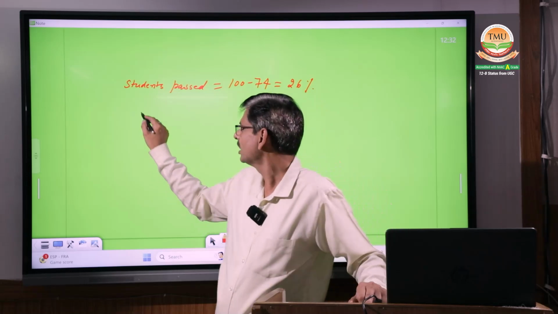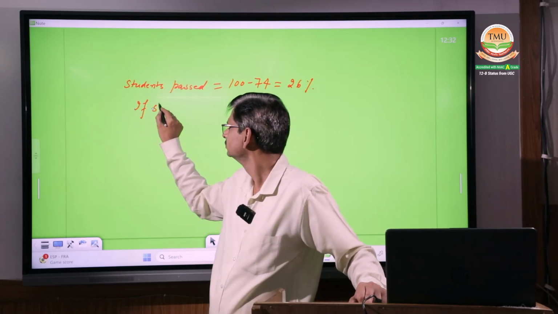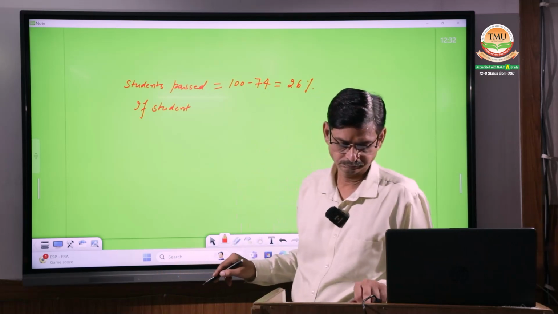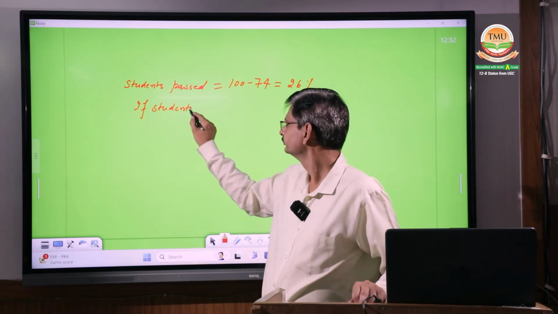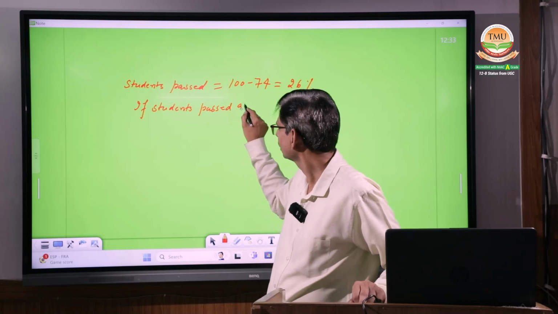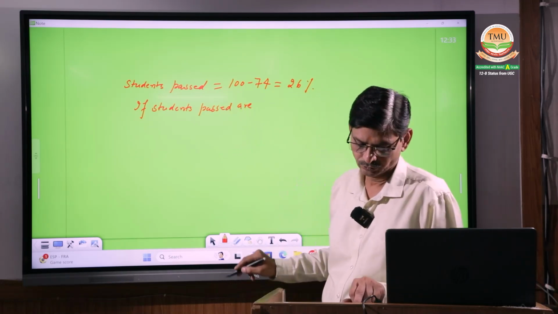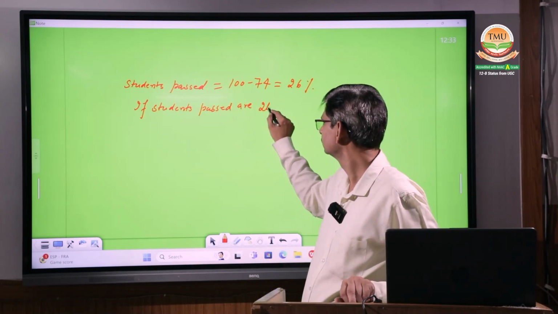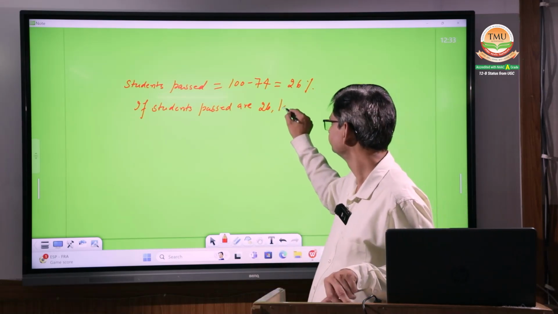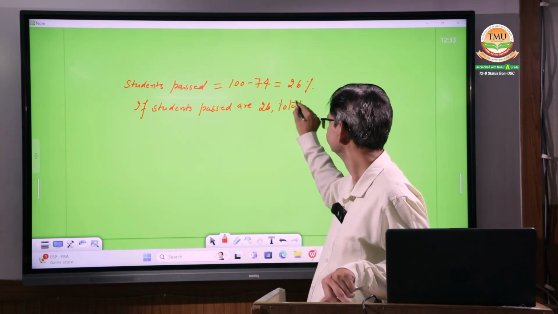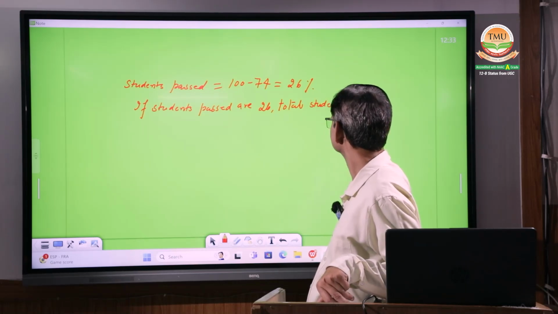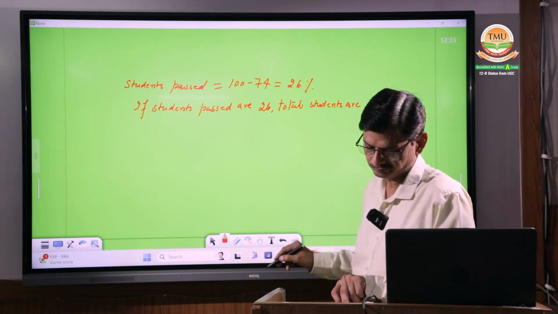If the students passed are 26, then the total students are 100.